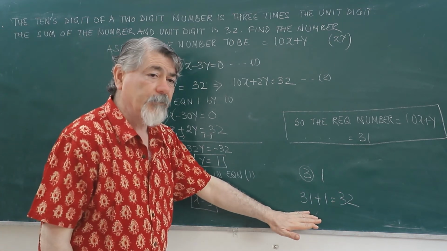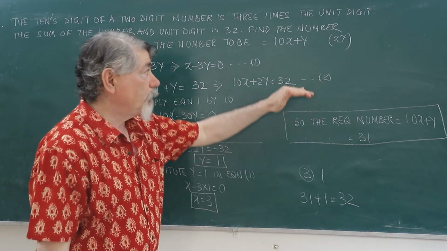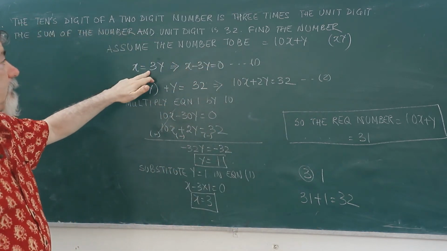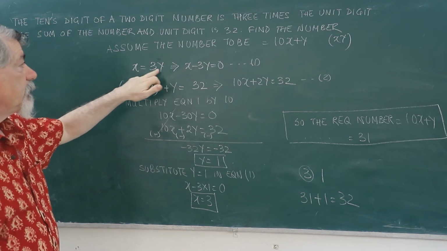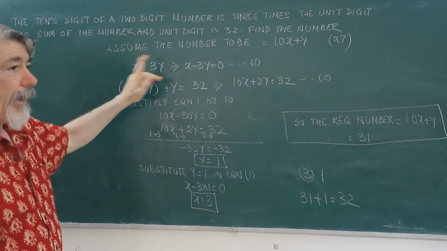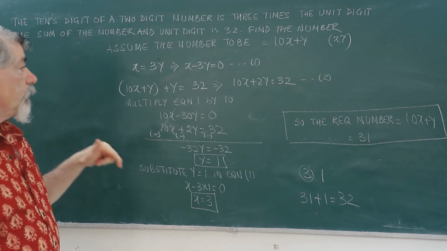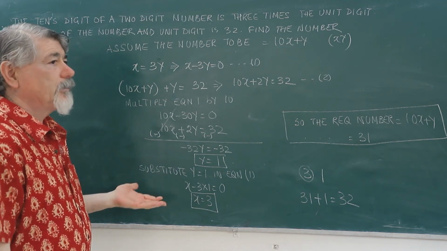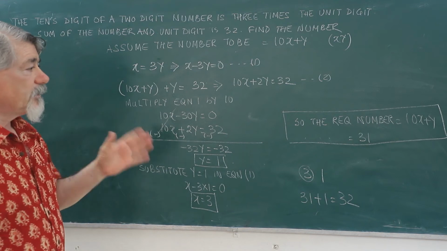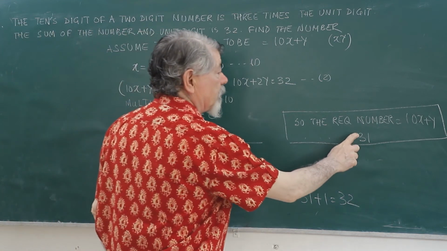There is only one number which satisfies both conditions together: the tens digit is 3 times the unit digit, and if the unit digit is added to the number, it becomes 32. This will be satisfied only by 31. No other number will be there.